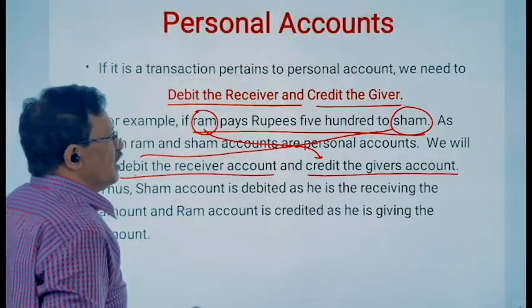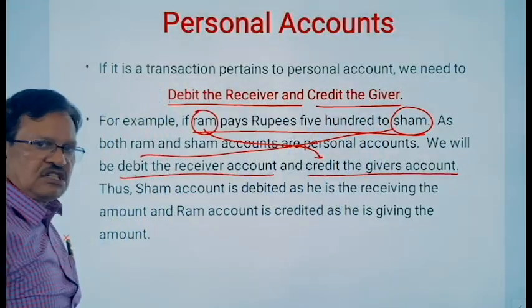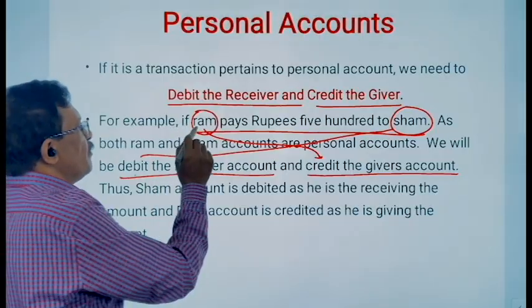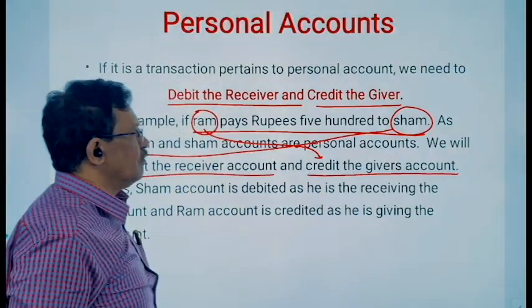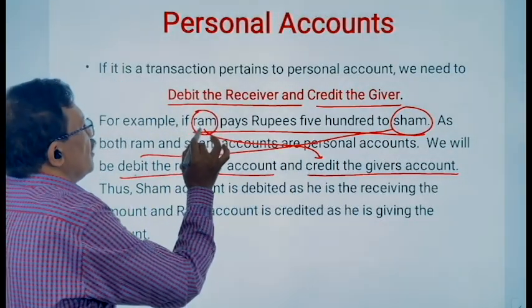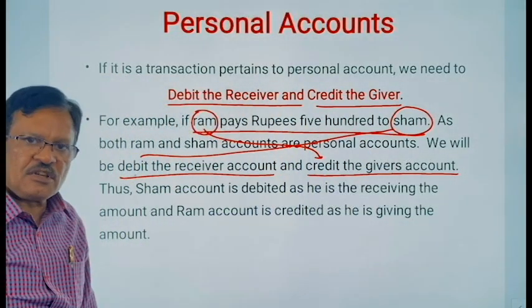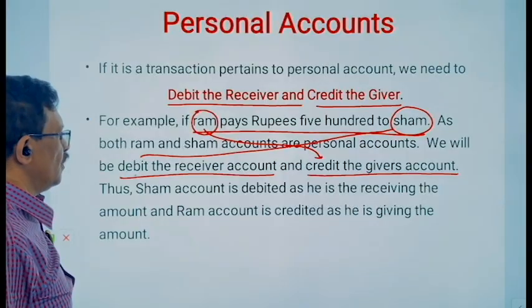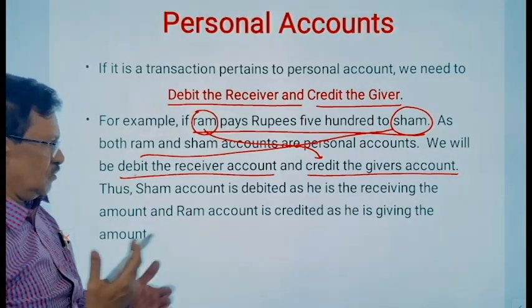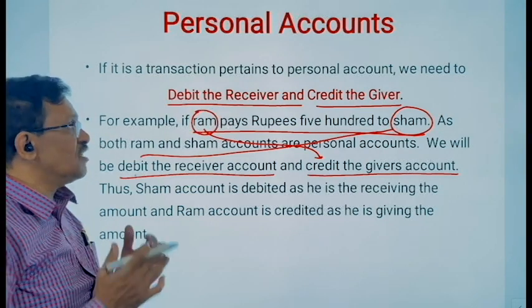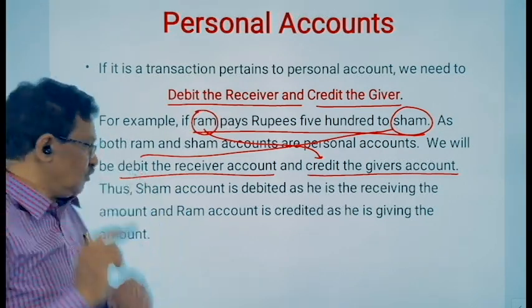Debit the receiver because Sham is receiving it. Sham account is going to be debited and Ram account is going to be credited because Ram is the giver. So this is how we are going to post in accounts when it is related to personal accounts.